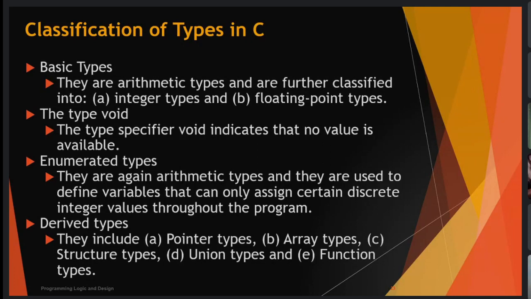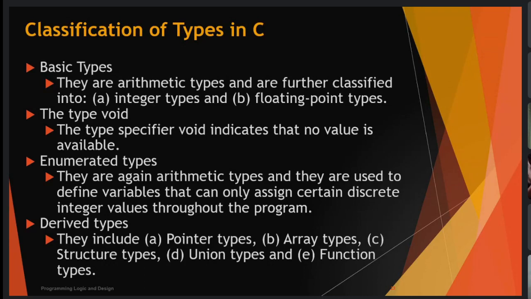Now in C, we have what we call classifications of types. One of the classifications involves basic types. Under basic types, we have integer types and floating point types. So what are these integer types?